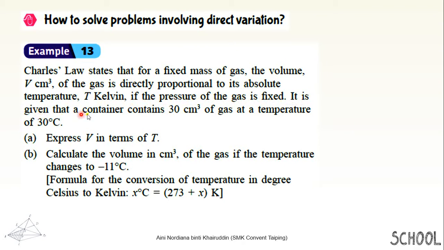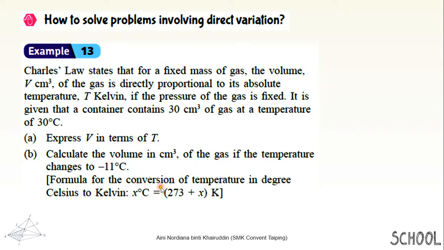It is given that a container contains 30 cm cube of gas at a temperature of 30 degrees Celsius. Question A, express V in terms of T, and then calculate the volume in cm cube of the gas if the temperature changes to negative 11 degrees Celsius.